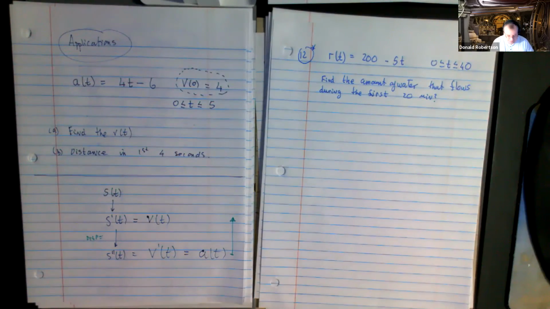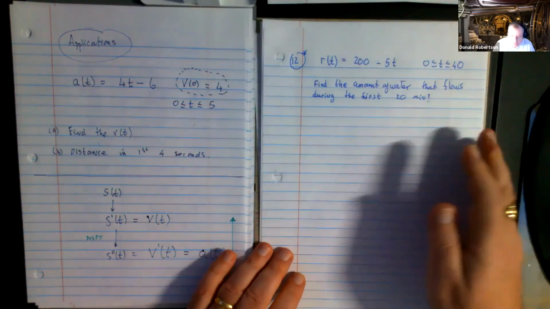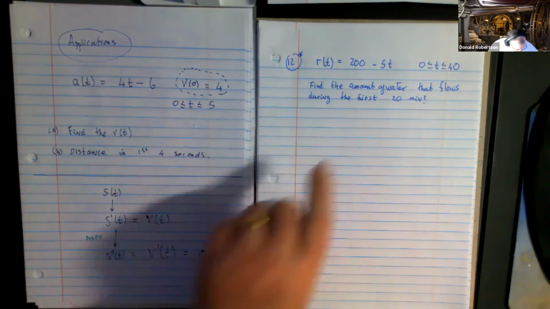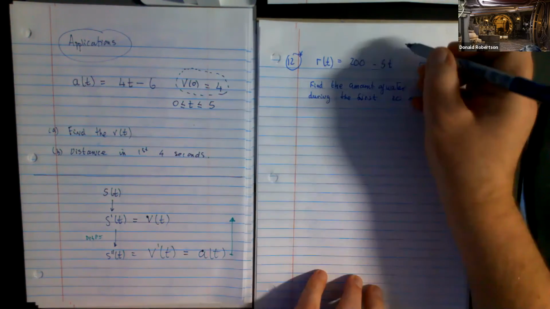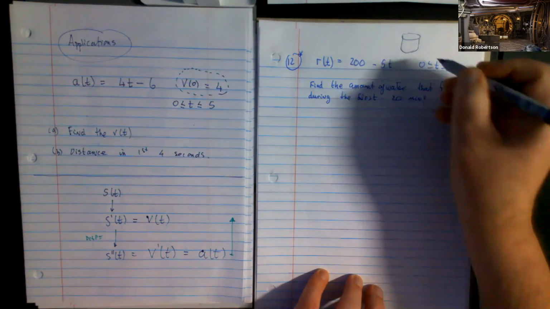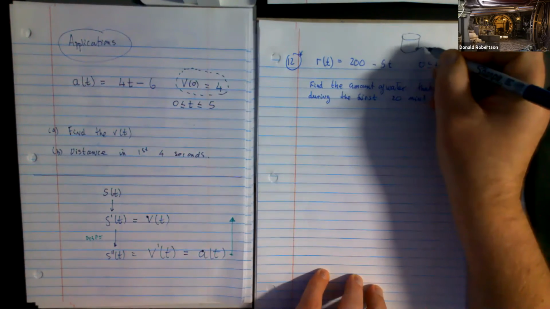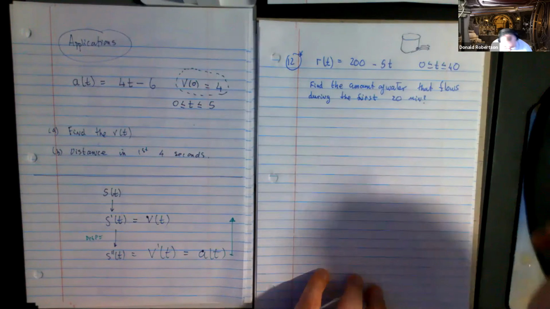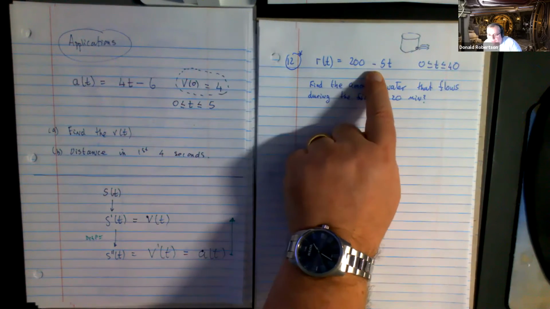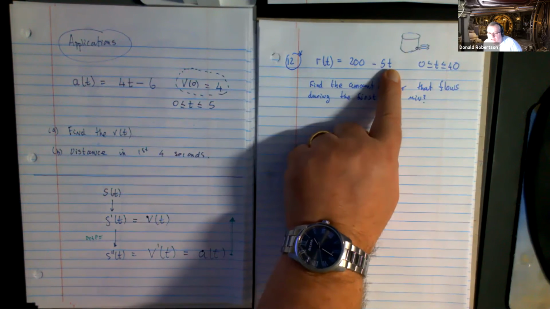We can use applications. Here's our next application. This one is more like a homework question. The rate of change. Right, so I'll give you a little story for it. Can you imagine that you've got a big tank and it's full of liquid, and there's a hole in that tank and out is pouring water, it's leaking out at the rate of 200 take away 5 times t.